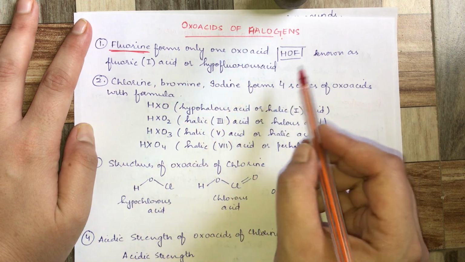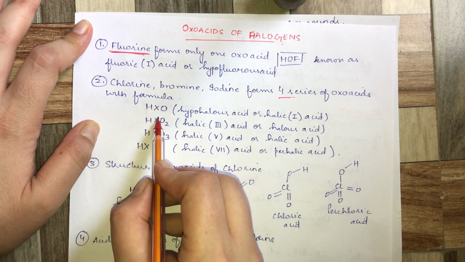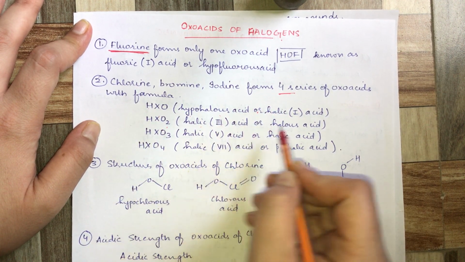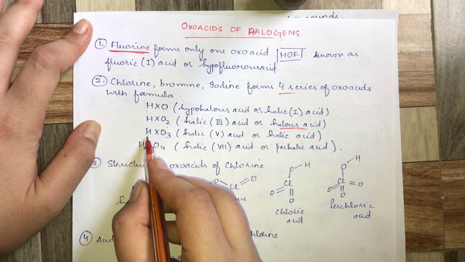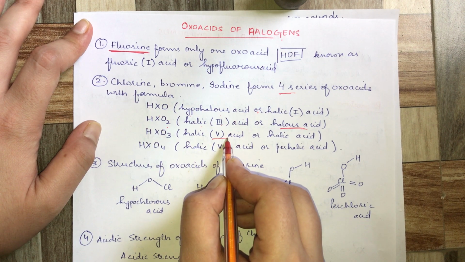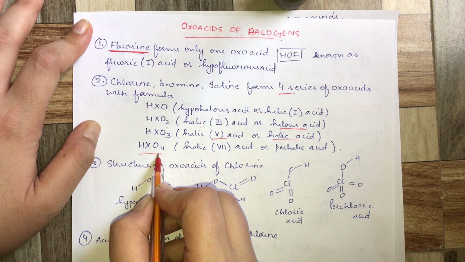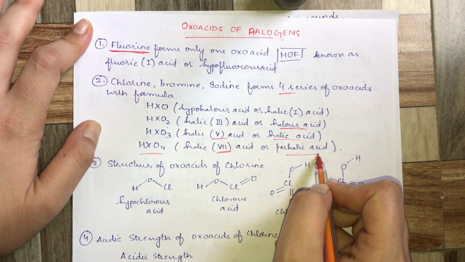Chlorine, bromine, iodine form 4 series of oxo acids like HXO, that is hypohalous, HXO2 halous acid, HXO3 in which X has +5 oxidation state, or halic acid, and HXO4 has +7 oxidation state, also called perhalic acid.